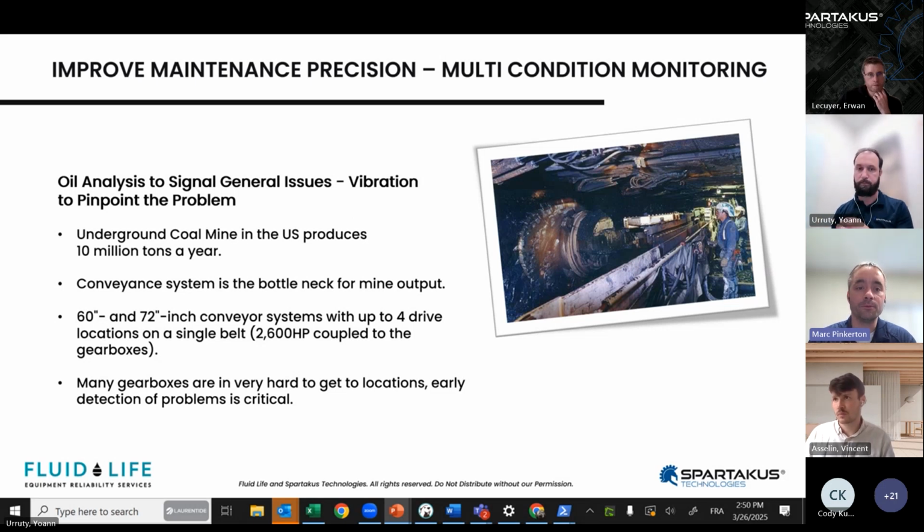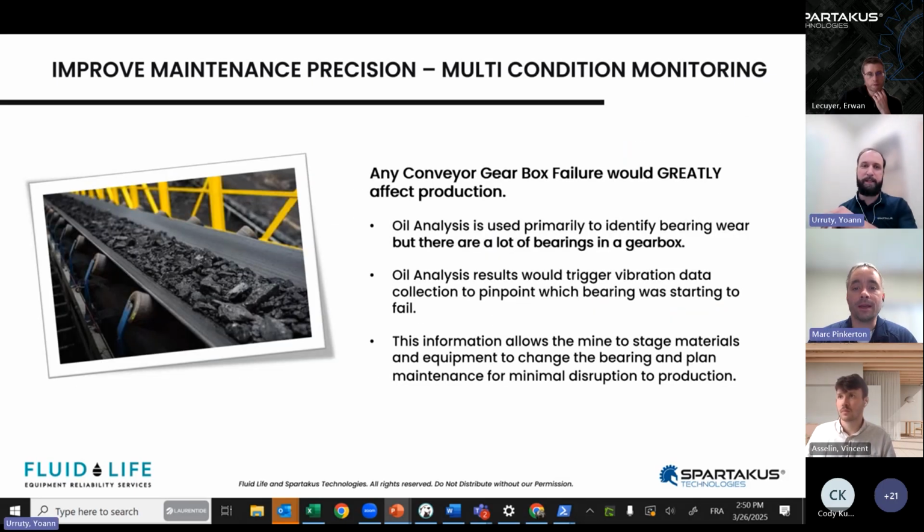And then we just switch here, Johan. Yep. They typically use that as a leading indicator, which will trigger them to say, okay, these gearboxes are in hard to get places, but the oil analysis results have told us we should go do some vibration readings. The reason is that on an oil analysis report, it's great that you see copper and lead elevated and flagged, but a gearbox might have a lot of bearings, right?